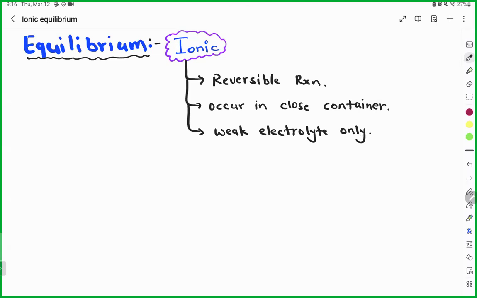Correct. In a strong electrolyte there is 100% dissociation. Okay. So these are the basic features of equilibrium. In general, only the last point is related with the ionic equilibrium.